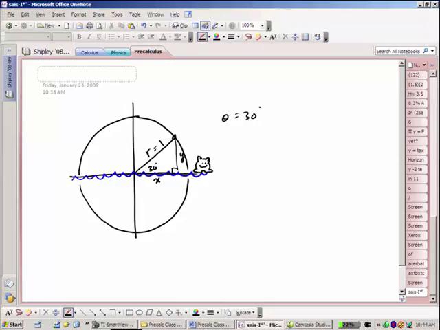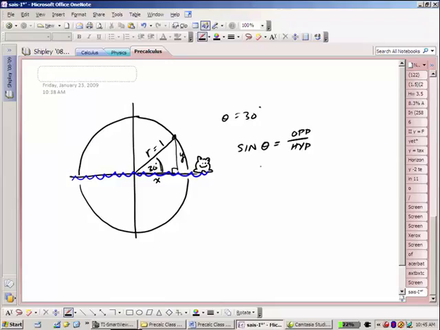Raphael is starting to ask, do we need SOHCAHTOA? She's starting to see that this is how we're going to bring trigonometry into this whole thing. So if you wanted to find out how high she was, you would set up a ratio. What ratio uses y and the radius? Sine of an angle is the opposite over the hypotenuse.